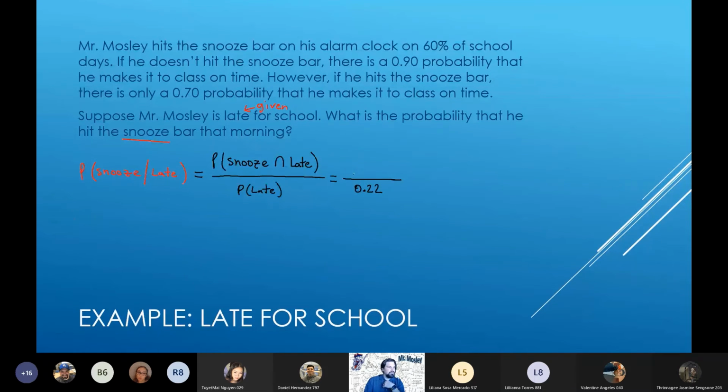So we have 0.18 divided by 0.22. And that is 0.81818181818181, repeating forever. So we'll say 0.818 or 81.8%. And if they want you to round to the nearest whole percentage, we'd have approximately 82%.